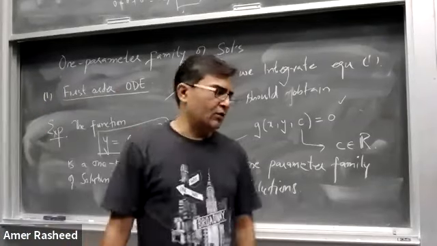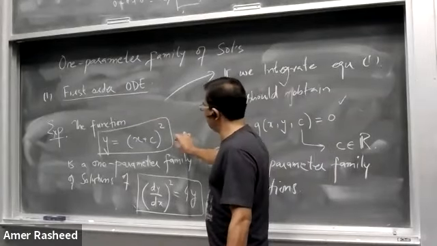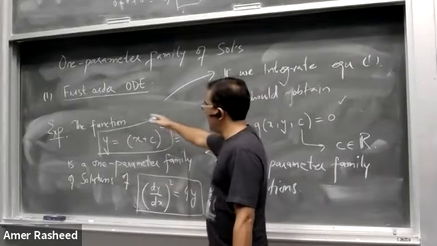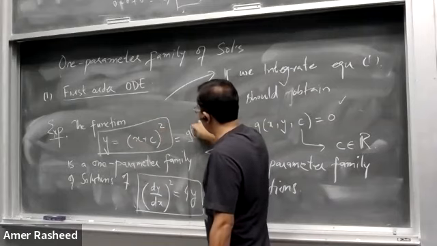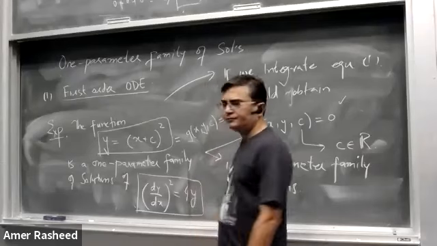Now, why do we call it a family? Because this is a function y is equal to (x plus c) whole square. How can we write it in general? It's a function of x, y, and c, and we put it equal to 0.